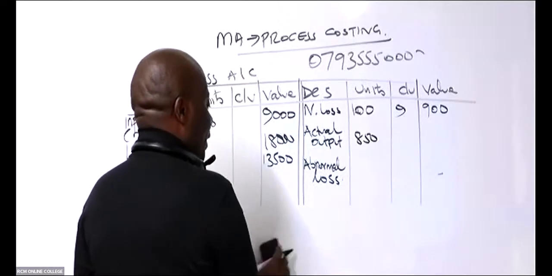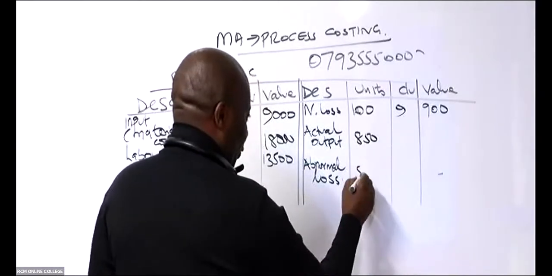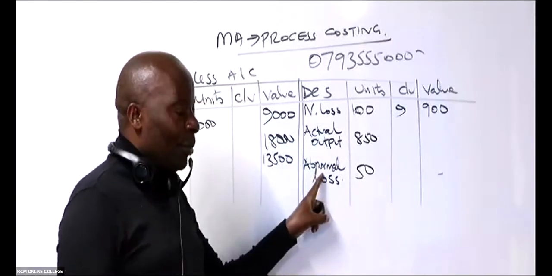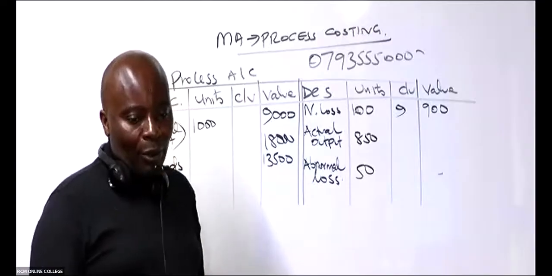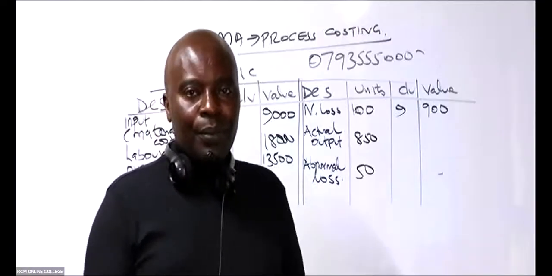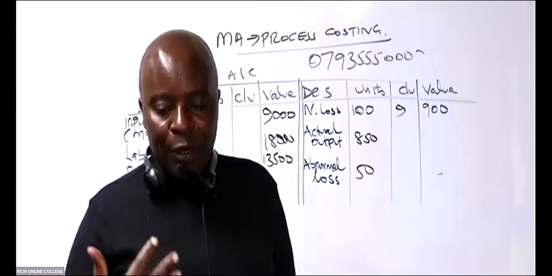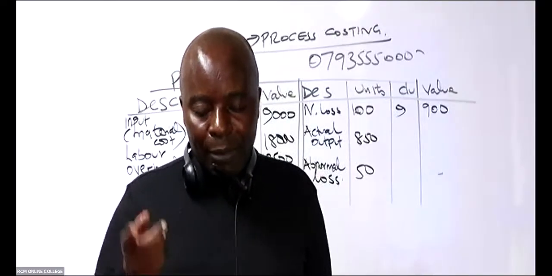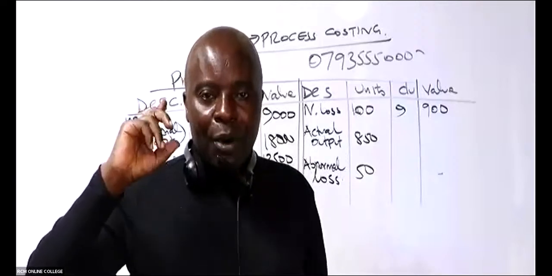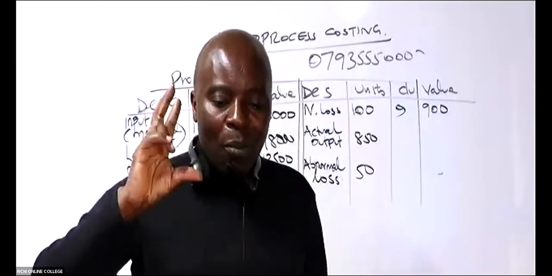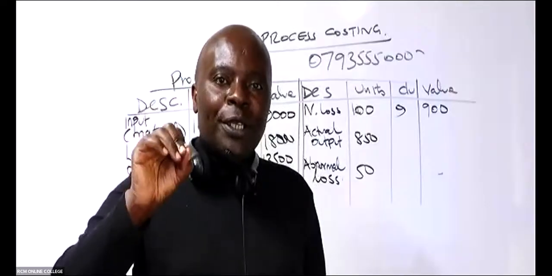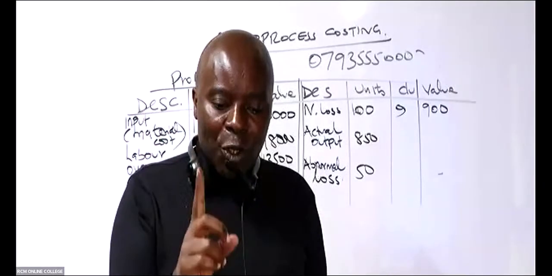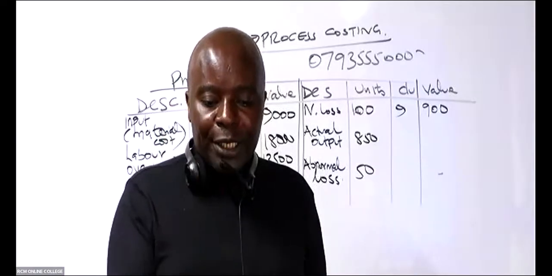The abnormal loss was 50. Please tell me something about valuation of the abnormal loss units. Anything you're able to remember about how we value abnormal loss? I'm able to remember something: abnormal loss, just like abnormal gain, shall always be valued at the same amount as our good units.